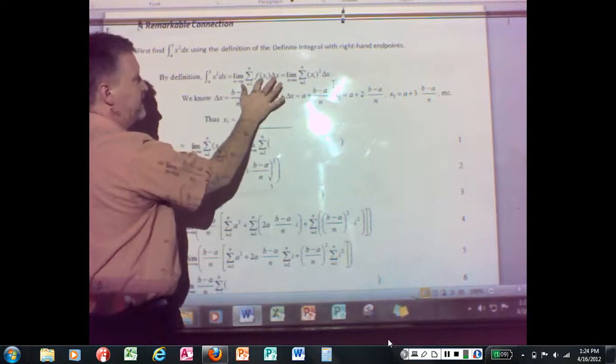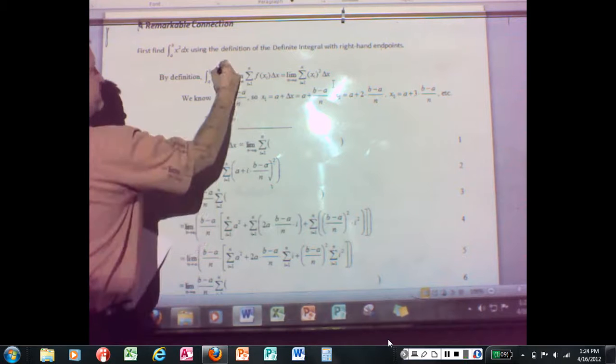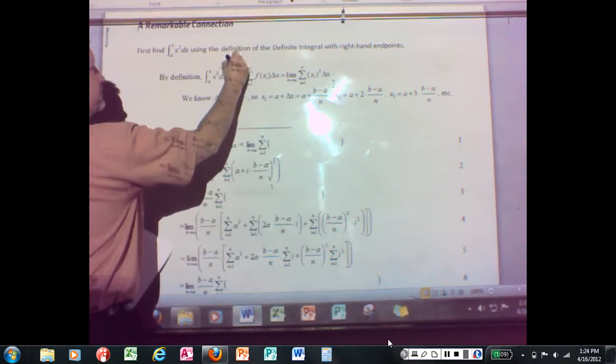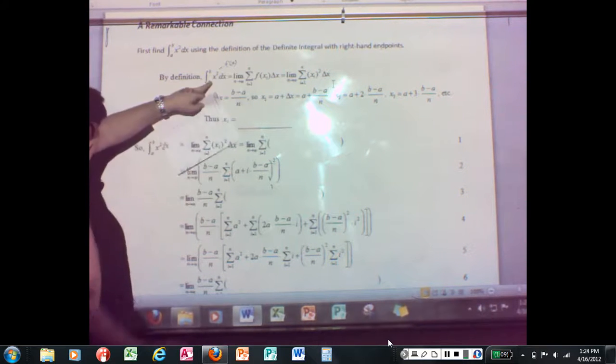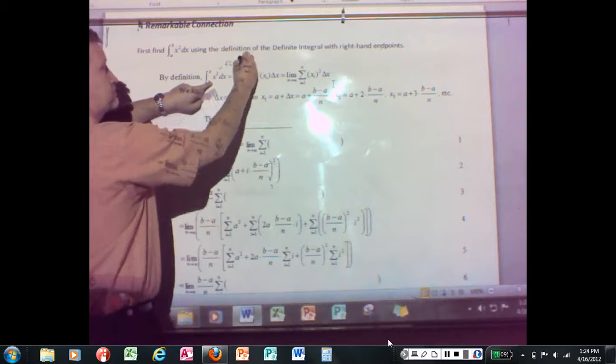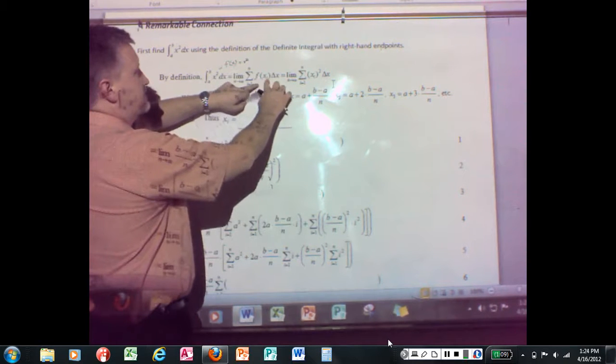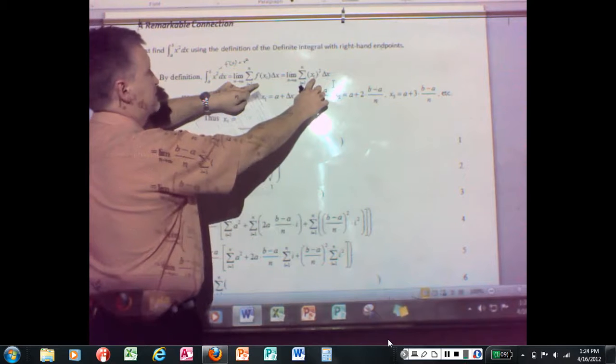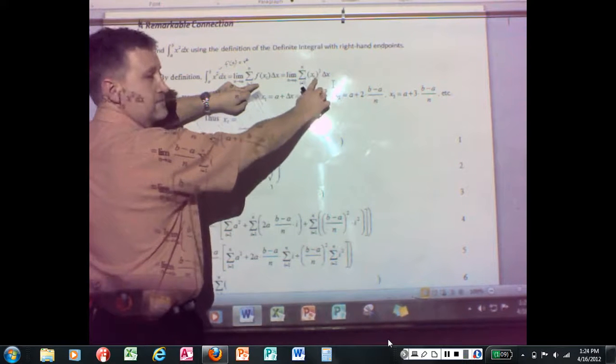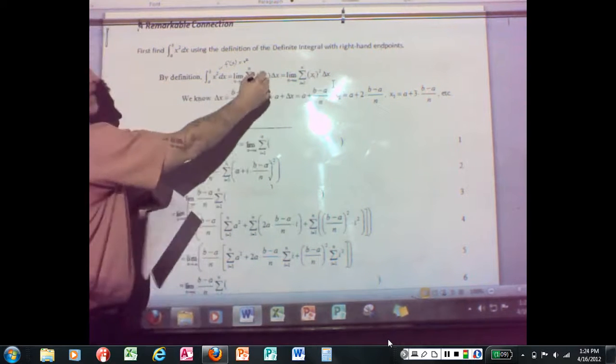Well, in this case, here's f of x, right? f of x is x squared. So, the limit of this sum, the f of x sub i is x sub i squared. Now, why am I not using a star here?